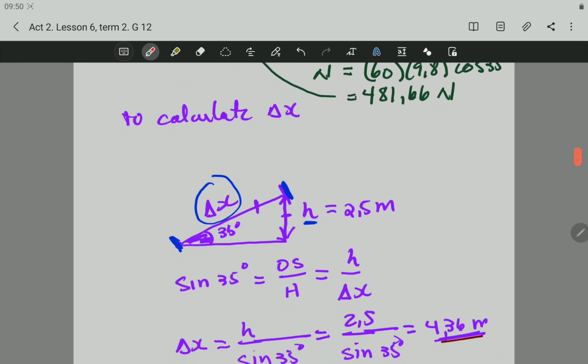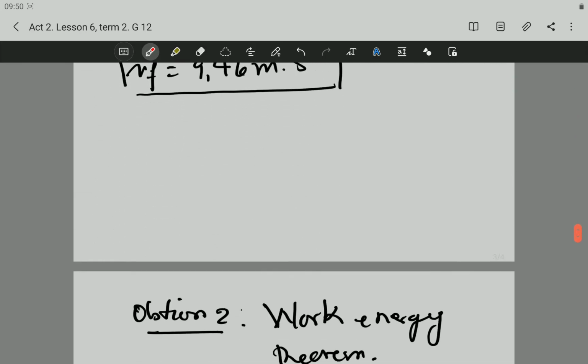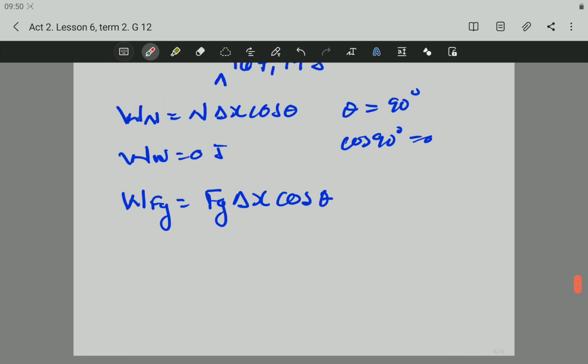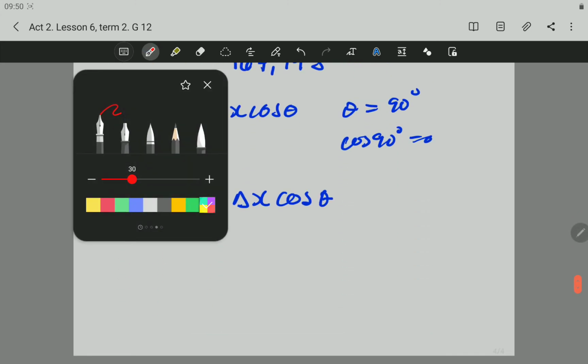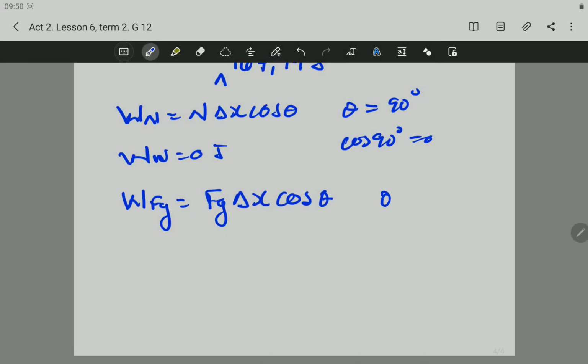So theta is equal to 90 plus 35 degrees, which is equal to 125 degrees. That is the angle between the gravitational force and the displacement.